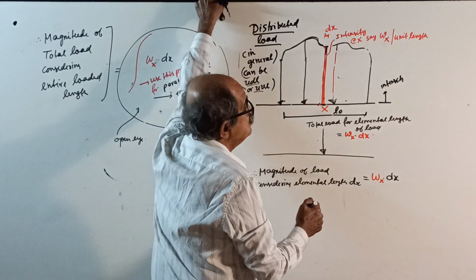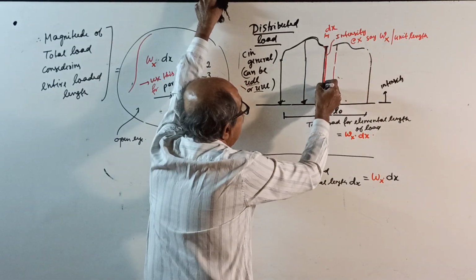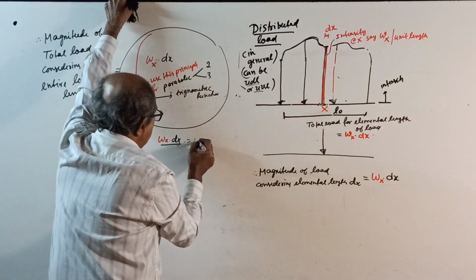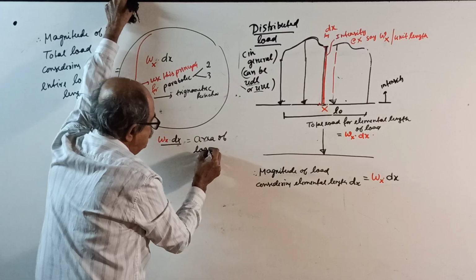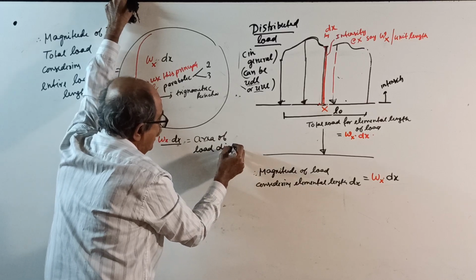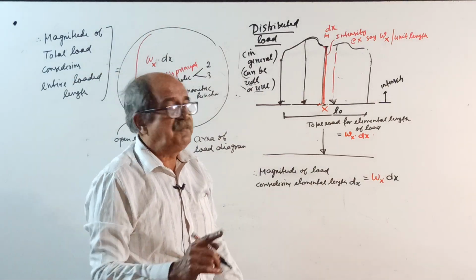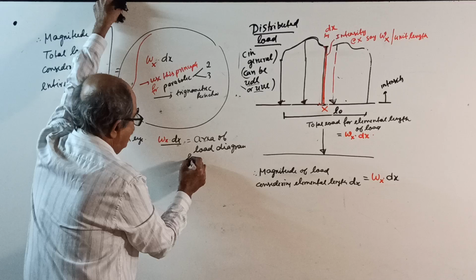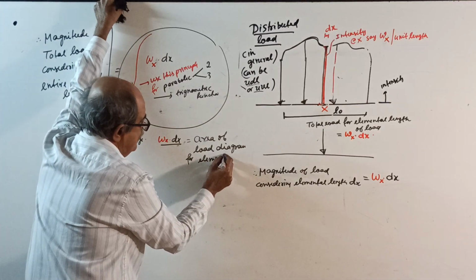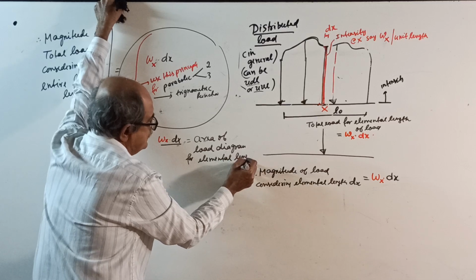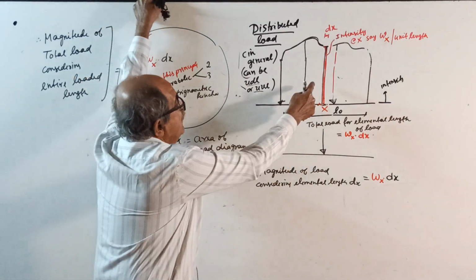Someone says, oh sir, w_x is this ordinate into dx, it is the area of the load diagram, or area of the diagram representing the load for elemental length dx. That is this area.